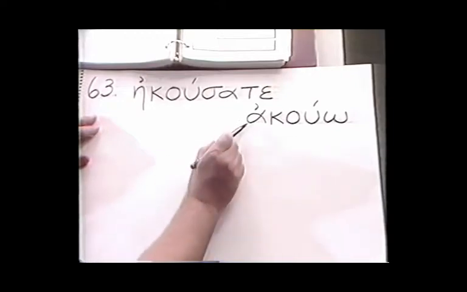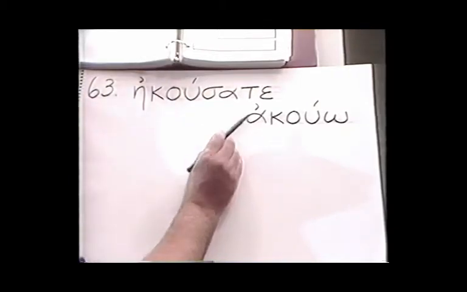Now, notice that this verb begins with a vowel. If we ask, is there an augment? What we would look for is not an epsilon out front, but rather that this initial vowel has lengthened to show augmentation.